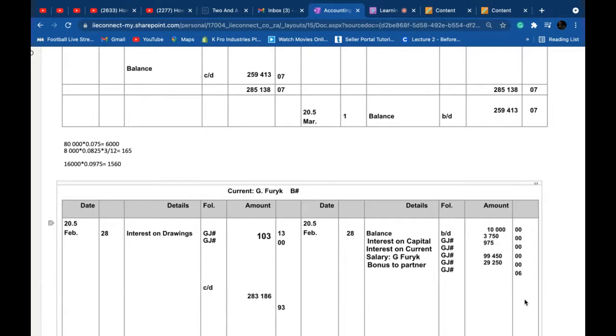Number 6, they say 23,400 is to be transferred to the replacement reserve at the financial year end. Okay. So what are we supposed to do with that information? The replacement reserve, in other words, retained earnings.